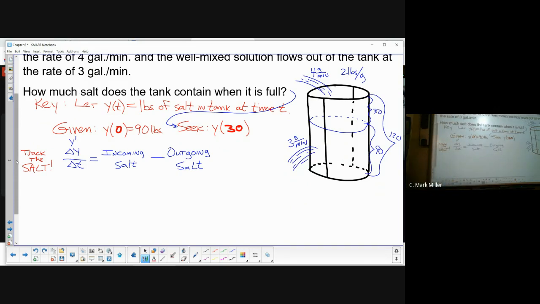That's the change. Incoming minus outgoing.